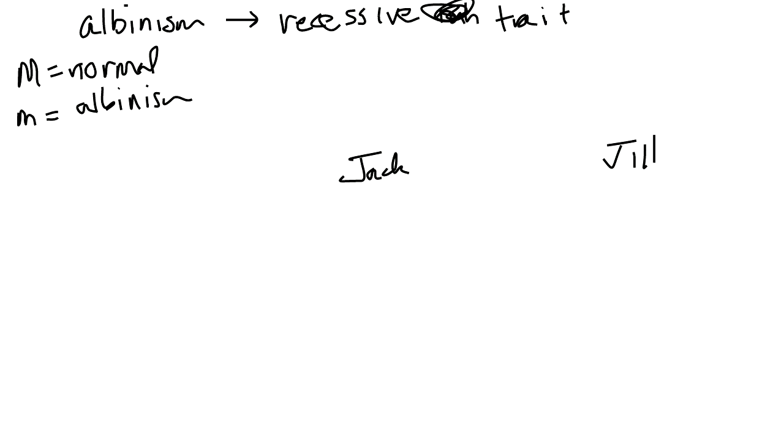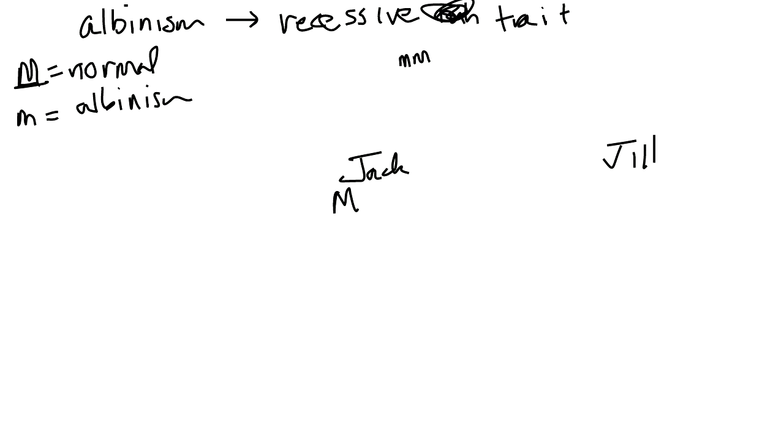So from the normal parent, Jack had to have inherited only the big M, because let's say they were homozygous normal. Now, Jack has one parent who was albino, which means one of his parents had to be little m.